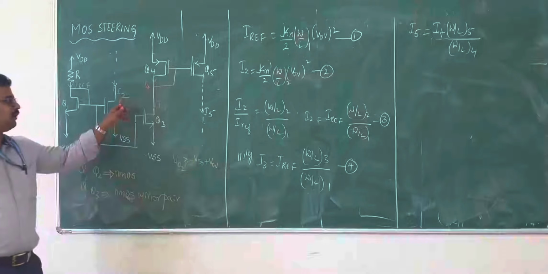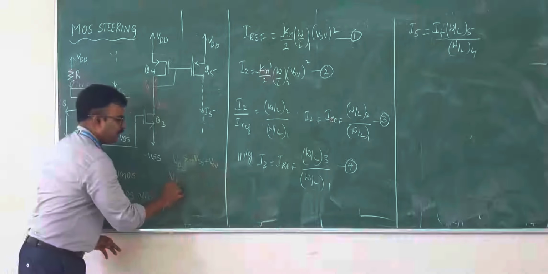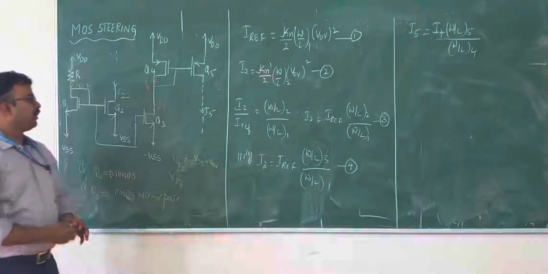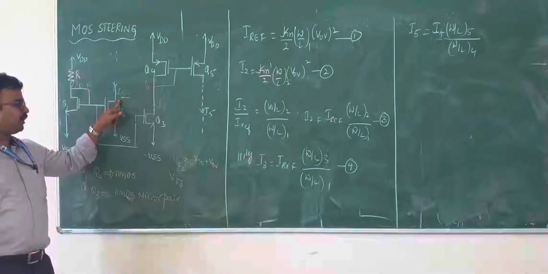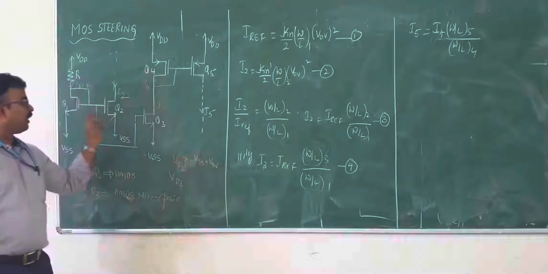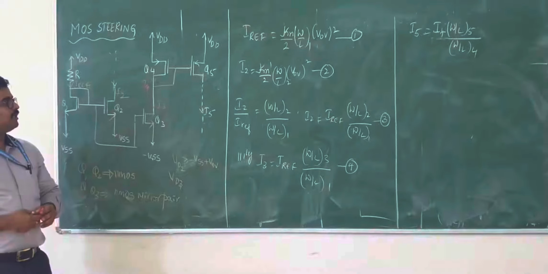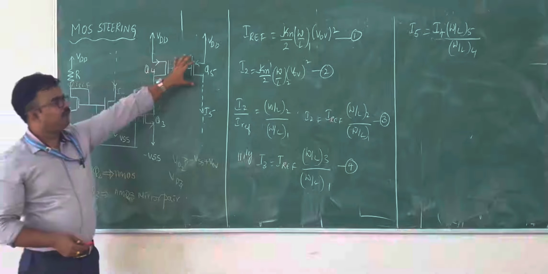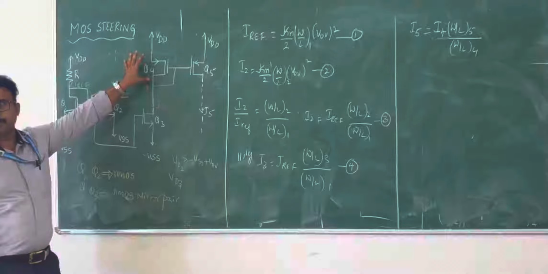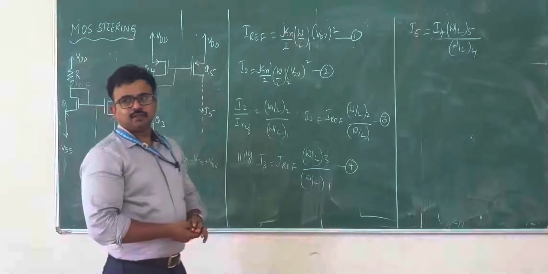If this condition is maintained at the drain of the second transistor and at the drain of the third transistor, that is, I maintain the drain voltage much greater than minus VSS plus V overdrive for both the second and third transistor, I can say the device is in saturation. Similarly, Q4 and Q5 is a PMOS transistor pair that also has to be maintained in saturation.